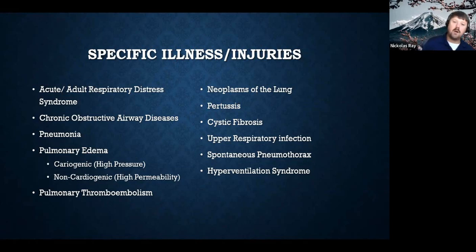Now, this is important in one of the differentiations between emphysema and chronic bronchitis. Why? Because if you've got pulmonary hypertension, that means that your pulmonary artery is going to be affected, which your pulmonary artery is the transport of blood from your right ventricle to your lungs, right? So what happens if you start having pulmonary hypertension and you start seeing an increased resistance to the forward movement of blood?